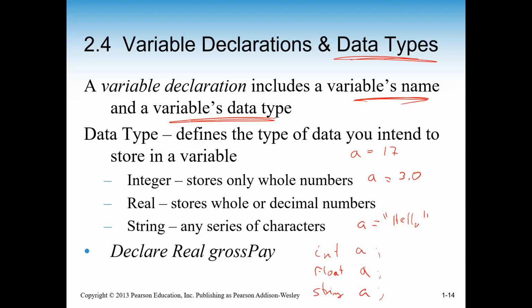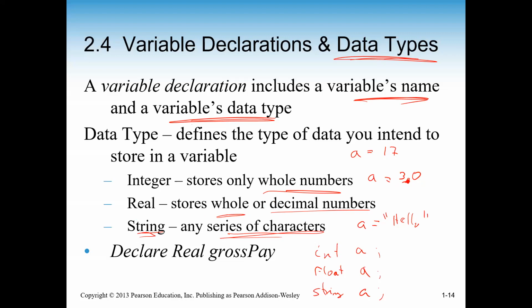Integer stores whole numbers. Real or float stores whole numbers and also decimal numbers. Okay, just by convention, the programs will print something with the period to be explicit. And string is going to be any series of characters.